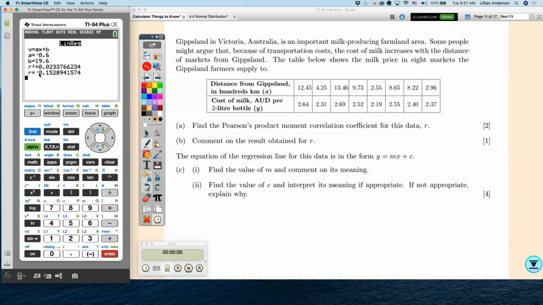For correlation coefficient and your regression line, you go to Stat, Calc, LinReg. Your X list is in L1, your Y list is in L2, frequency list is empty. Then you go to calculate, and that's how you get your linear regression equation and your correlation coefficient.